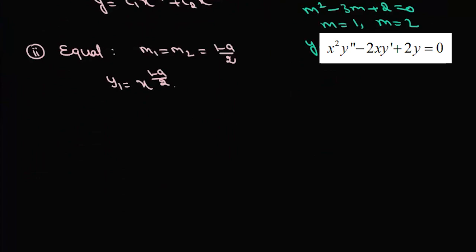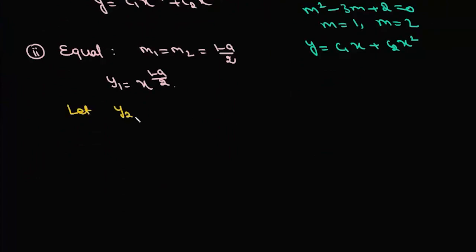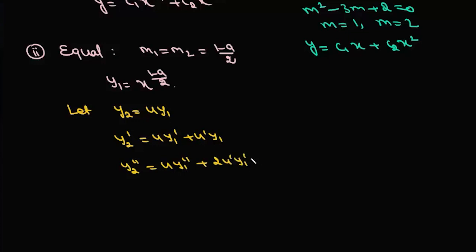So what we'll do is we'll let y2 as some u y1. Now y2 dash will be u y1 dash plus u dash y1, and y2 double dash will be u y1 double dash plus 2 times u dash y1 dash plus y1 u double dash.